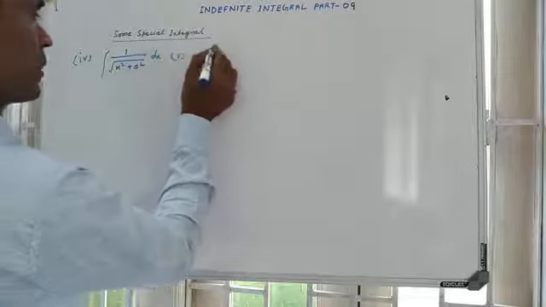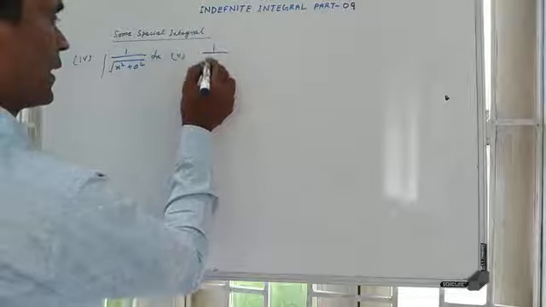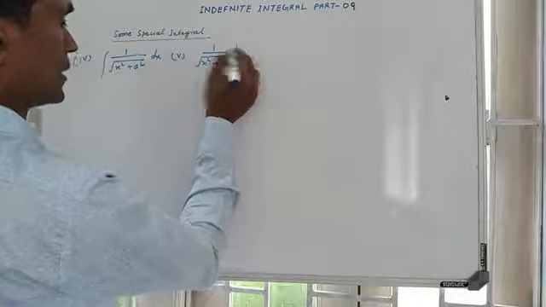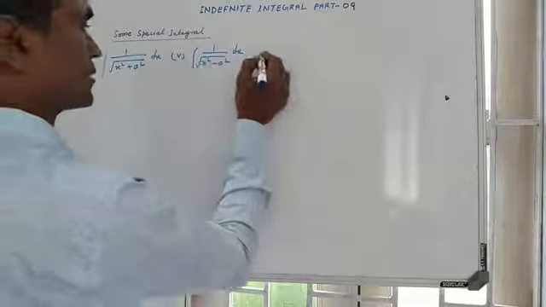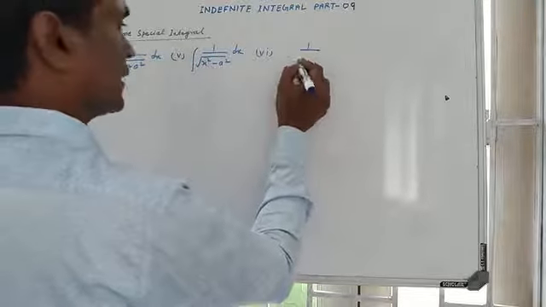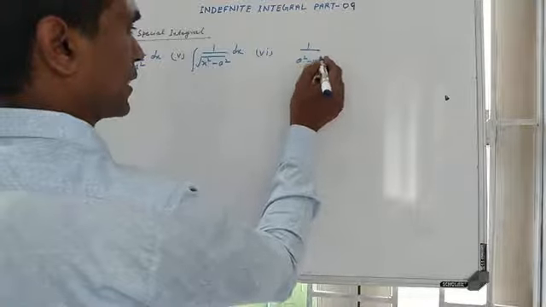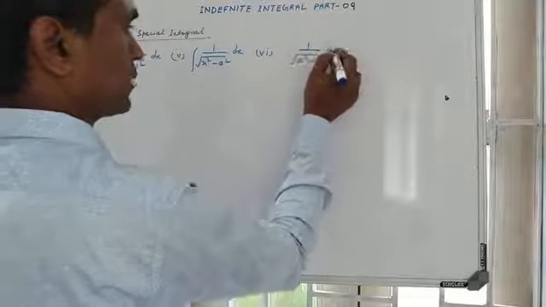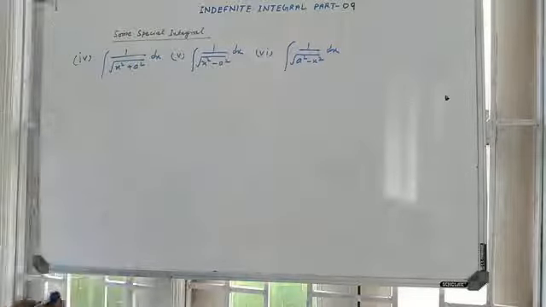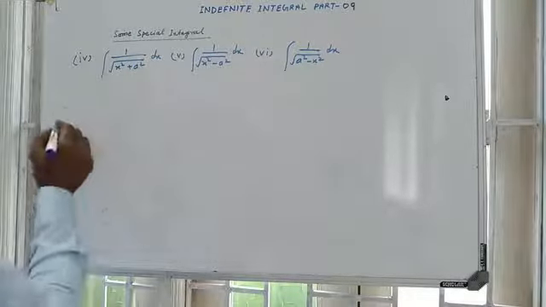Fifth is 1 by root of x square minus a square dx. And sixth one is 1 by root of a square minus x square dx. We are going to prove them one by one.